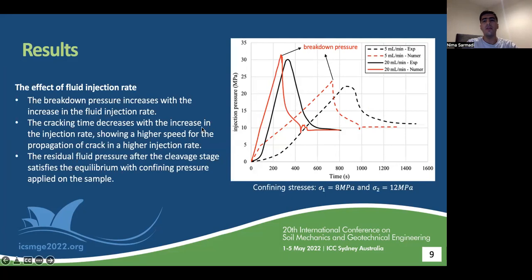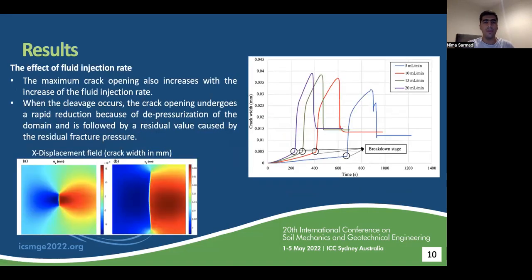In this figure, you see the effect of increasing the fluid injection rate. Dashed lines are experimental and numerical results of a 5 milliliter per minute injection, and the solid lines represent 20 milliliter per minute. You see the increase of injection rate has a direct effect on the required breakdown pressure to initiate the fracture propagation.